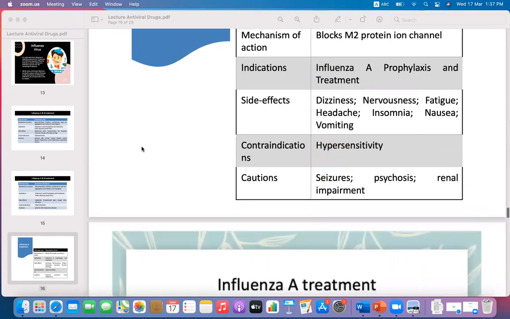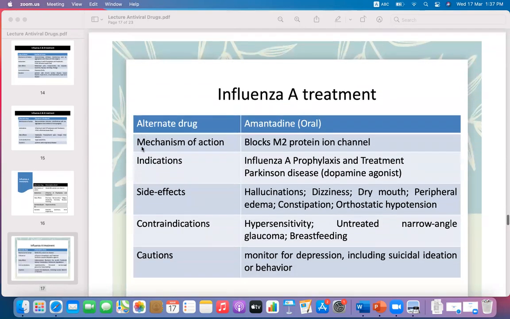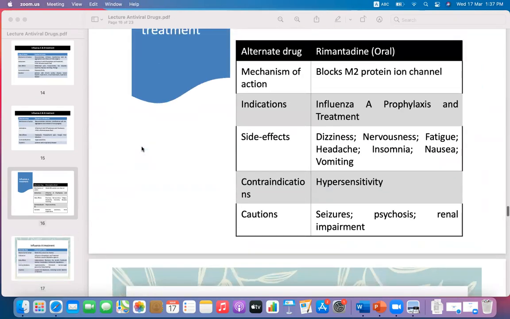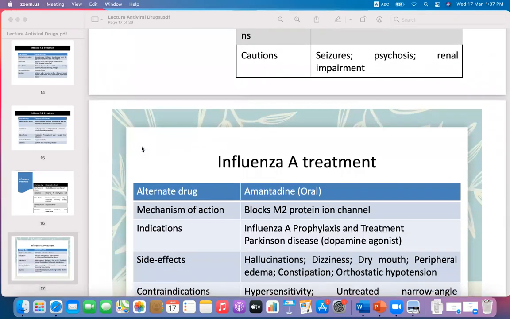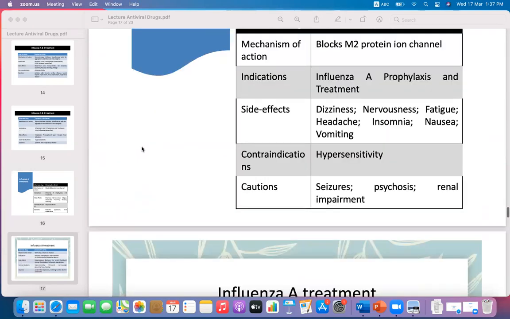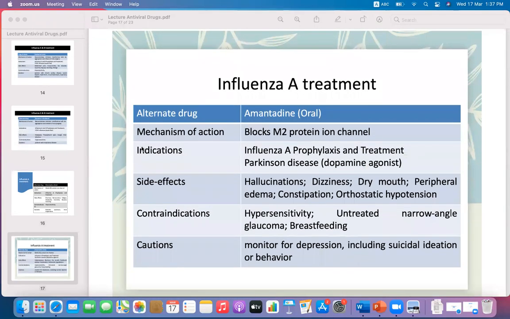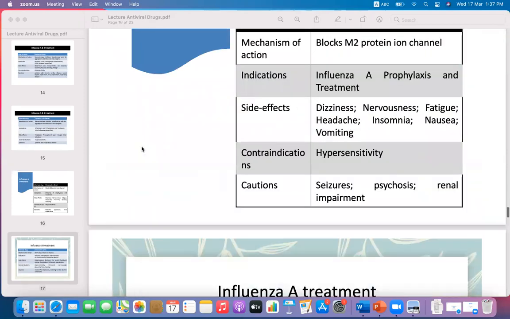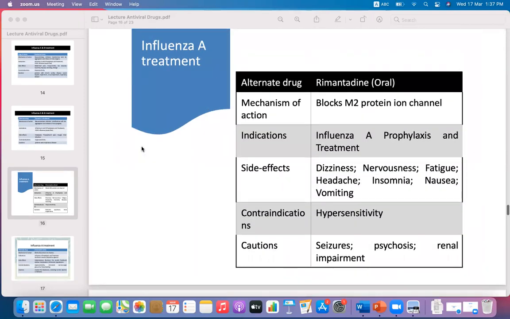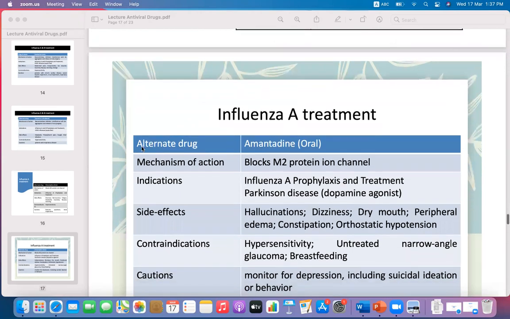Which are the alternate drugs available for influenza A treatment? Rimantadine and amantadine, both have oral formulation. But what is the difference between rimantadine and amantadine?